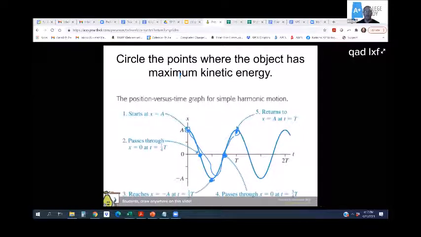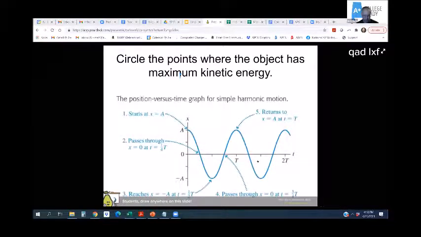And notice I've got a question here on the screen. I'd like for you guys now to go to the Pear Deck window for just a minute. Make sure you're looking at Pear Deck and go ahead and do what it says here on the screen. Circle the points where the object has maximum kinetic energy. So go ahead and give that a try. Circle the points on the line where there's maximum kinetic energy for this block.